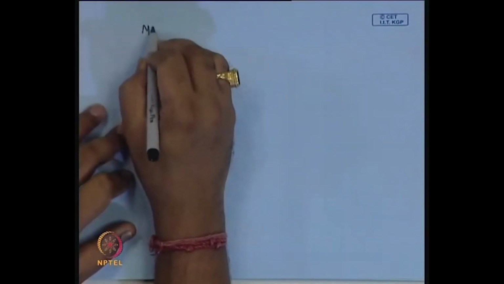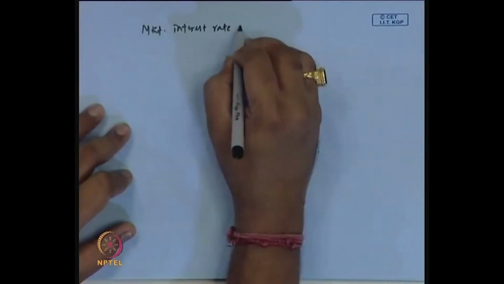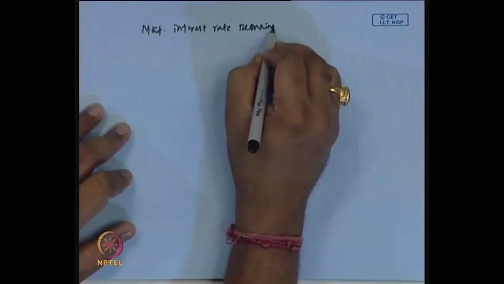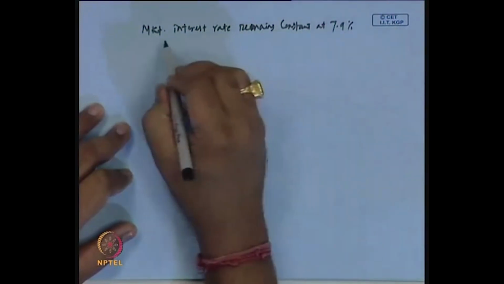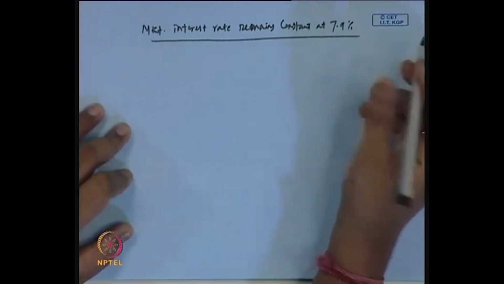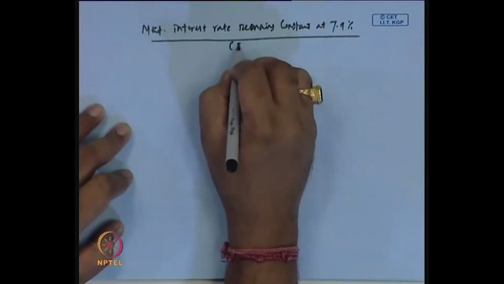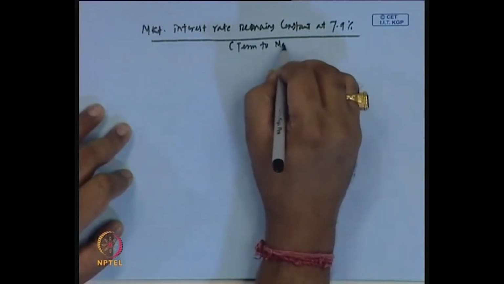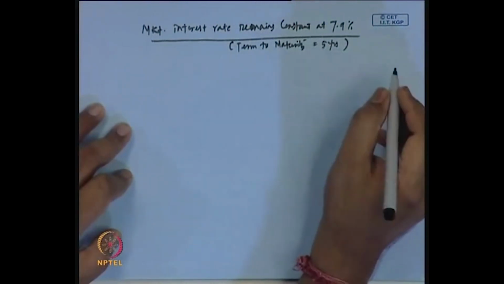Then let the market interest rate in the first case remain constant at 7.9%, and the term to maturity is 5 years. Let us see what is happening.